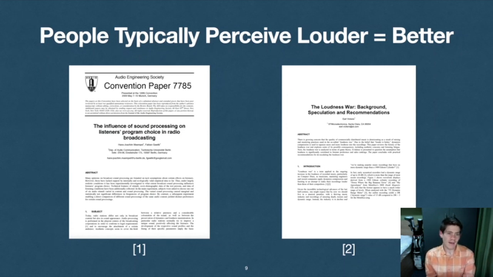But essentially, the paper on the left there, they had a really cool experiment where they played the exact same audio to people, just at different volumes, and people tended to prefer the louder audio file. And so songs and music have been progressively getting louder as a result of that phenomenon. And the name attributed to this typically is the loudness war.